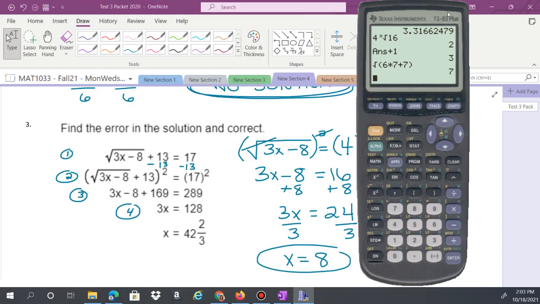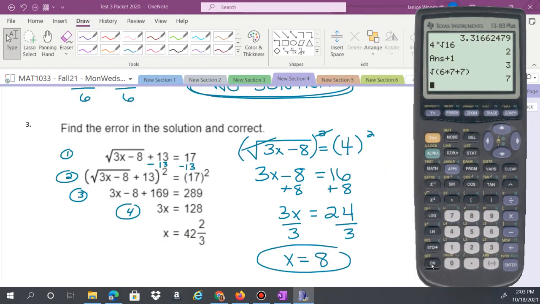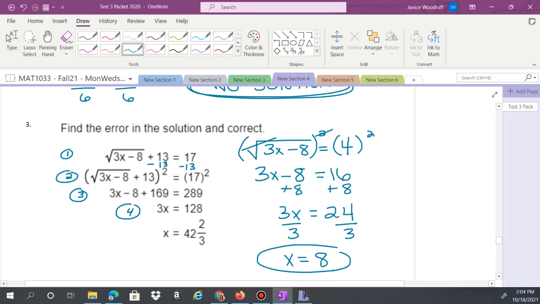I'm going to go ahead and check that in the original. So I have square root of 3 times 8 minus 8, and then plus 13. 17. So it works. So I can keep that answer. Okay, biggest takeaway on this section, though: you have to check each one for those extraneous solutions, because as you can see in our multiple examples, they do exist.